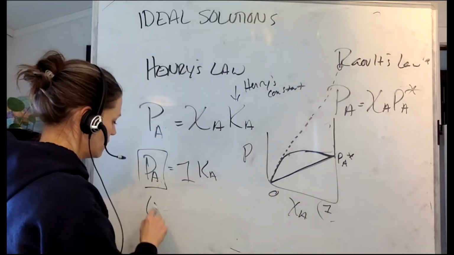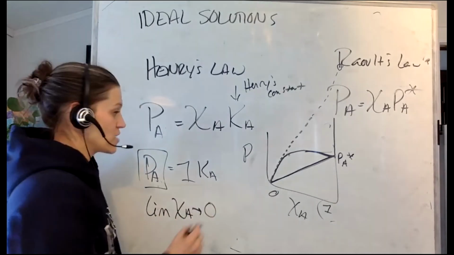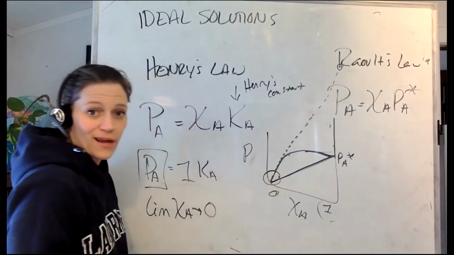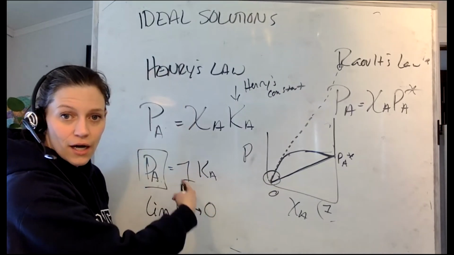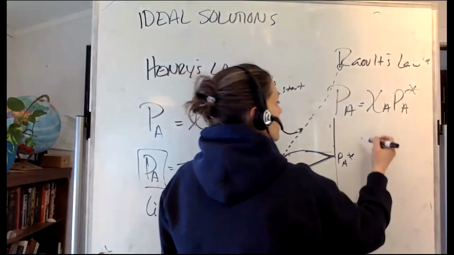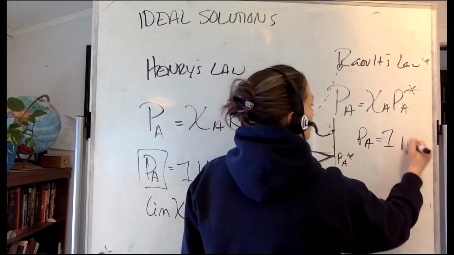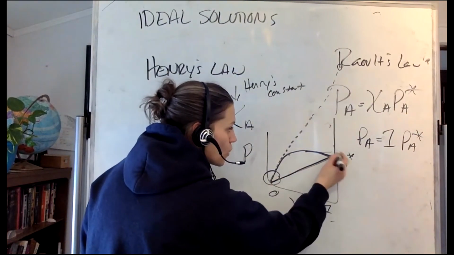We're in the limit as the mole fraction goes to 0, so we're really looking at right there. Henry's law doesn't make any sense at 100% mole fraction of A. Whereas over here, P_A equals 1 times P_A star makes more sense, because that is what happens.